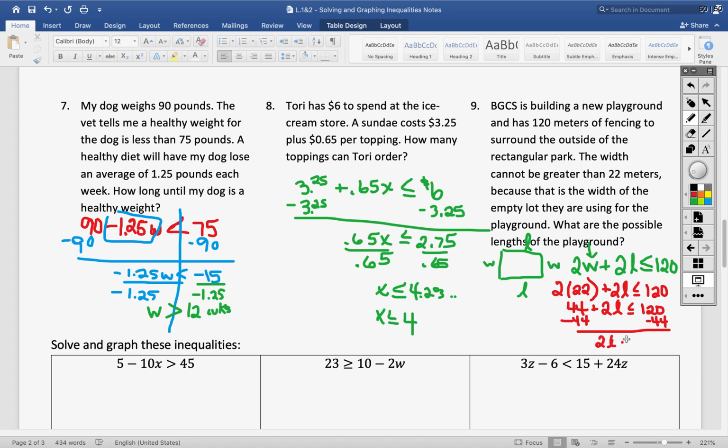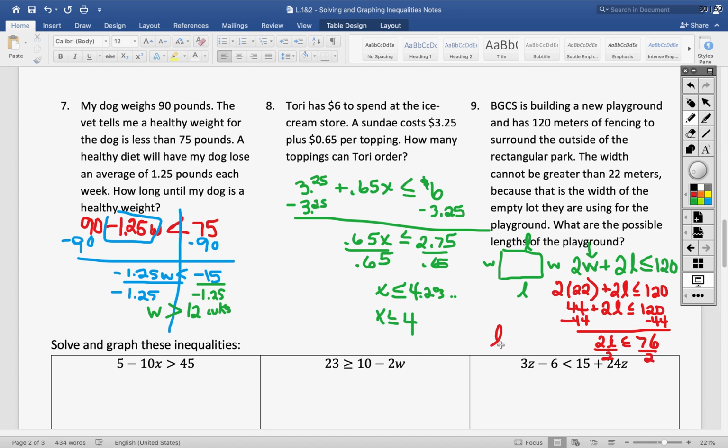L is less than or equal to, now you use your calculator, 120 subtracted by 44 is 76, divided by 2, which is 38.